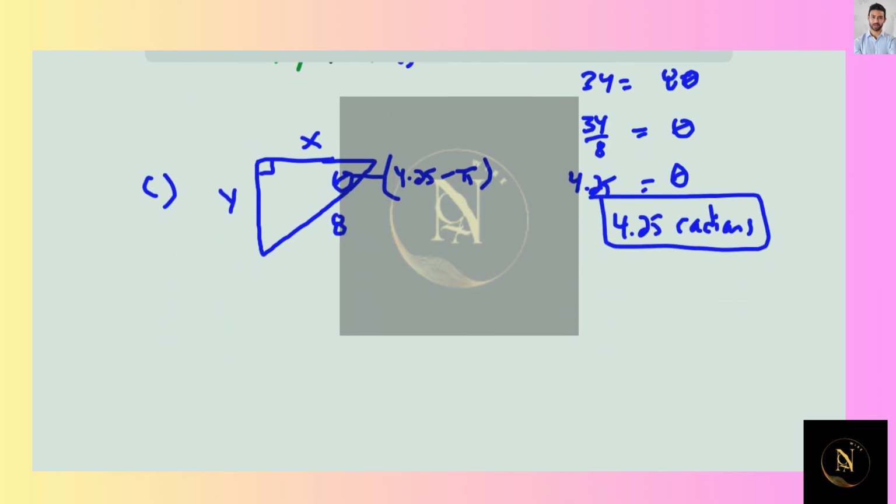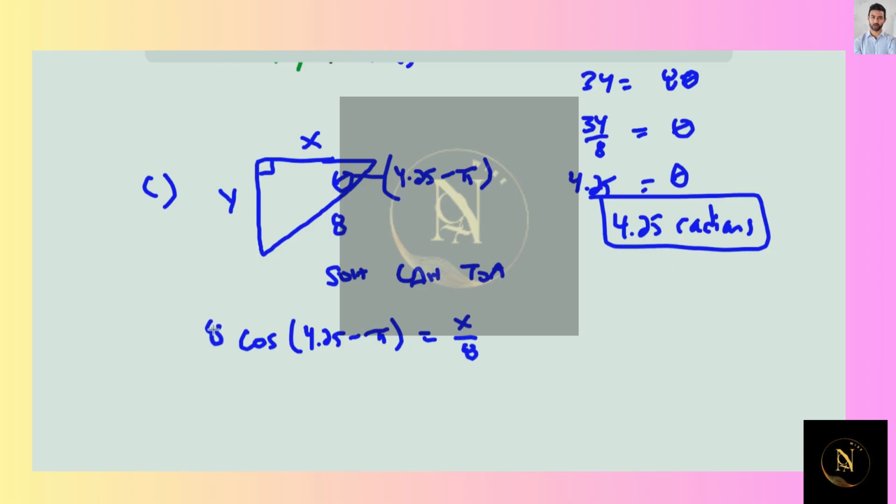So to find the x coordinate, that's the adjacent. We're using our right triangle trig, sine, cosine, tangent. x would be adjacent, and we know the hypotenuse, so that would be the cosine of the angle, which we said is 4.25 minus pi, is equal to x over 8.